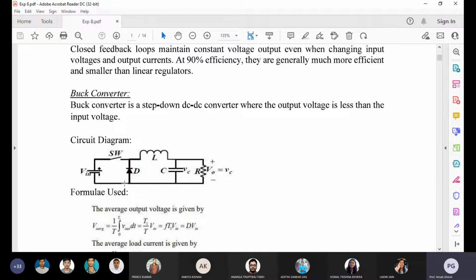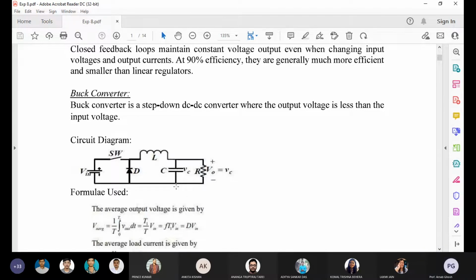When the switch is turned on, power flows from the source side to the load side through the inductor, capacitor and load resistance. When the switch is turned off, the voltage source is not in the circuit, so the current flows through the diode and the LC filter.